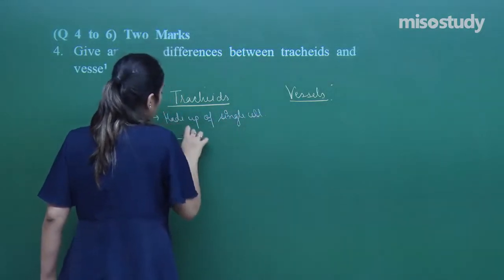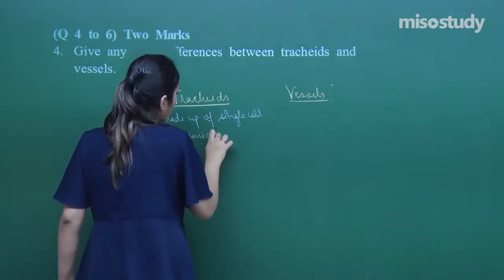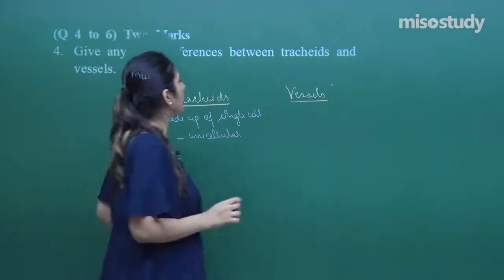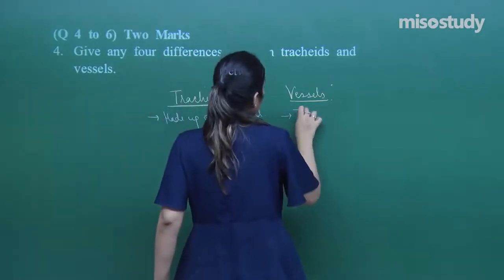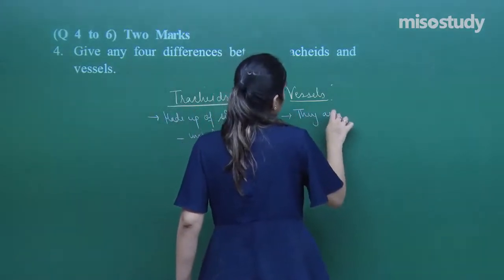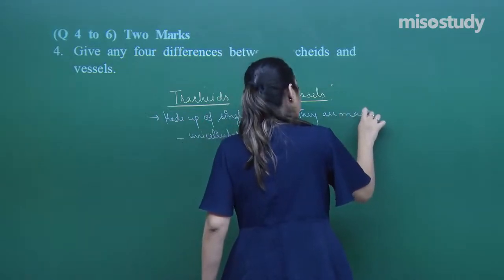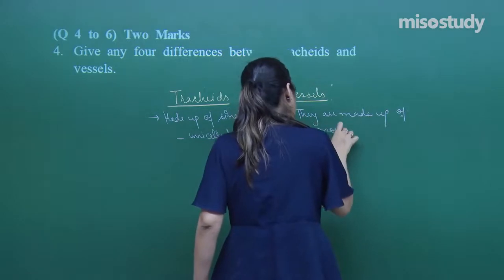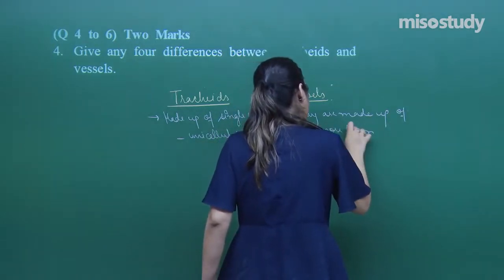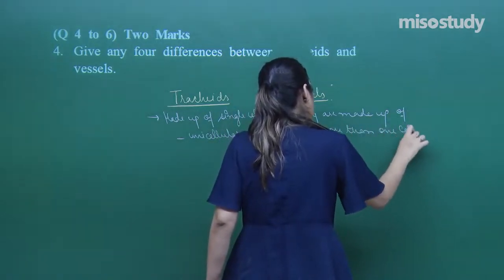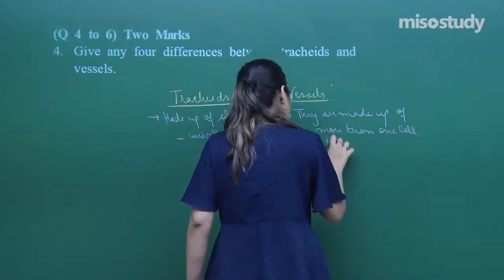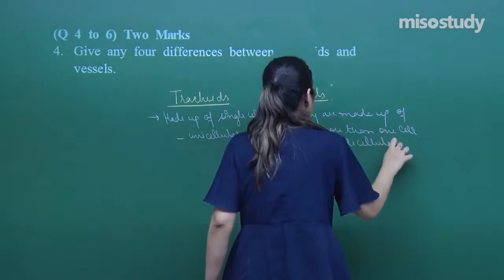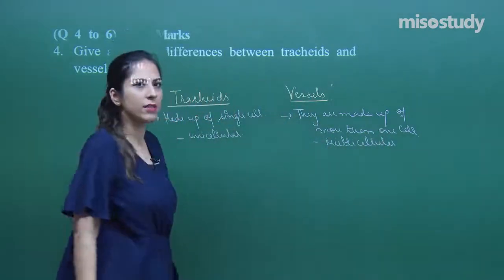Vessels are multicellular. This is the first difference between a tracheid and a vessel.